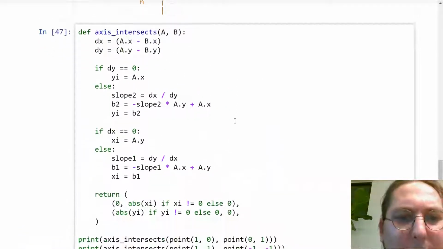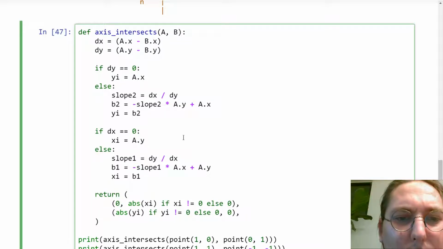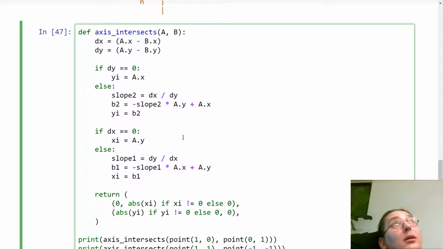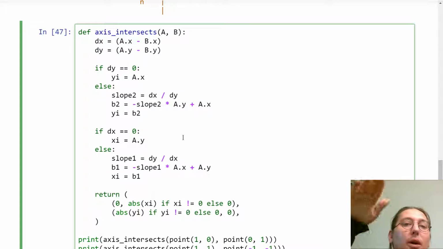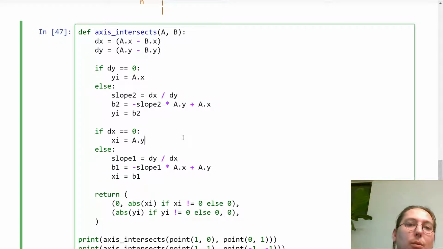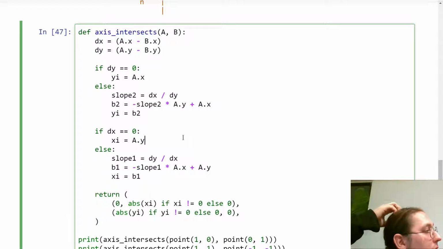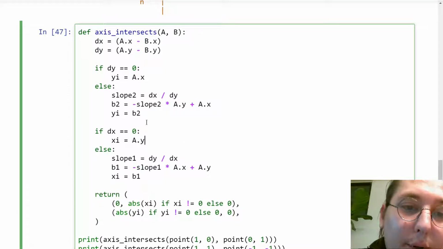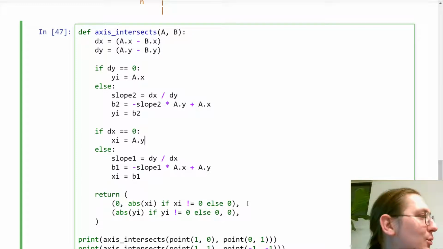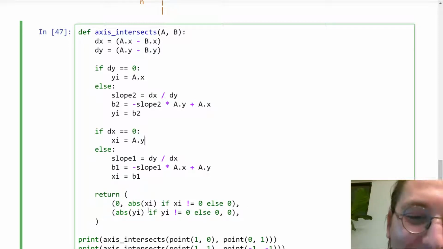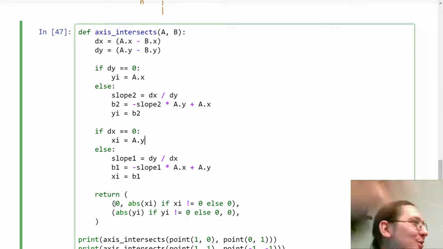So, did I maybe make a mistake here? If dy equals 0, we only have one intersection. Fair enough. You said yes so quickly. Are you keeping quiet about these issues? No, it just makes sense. We just have one.